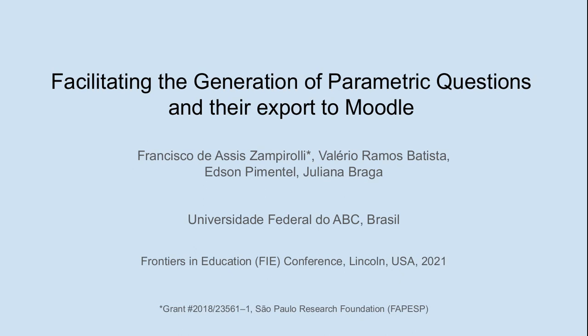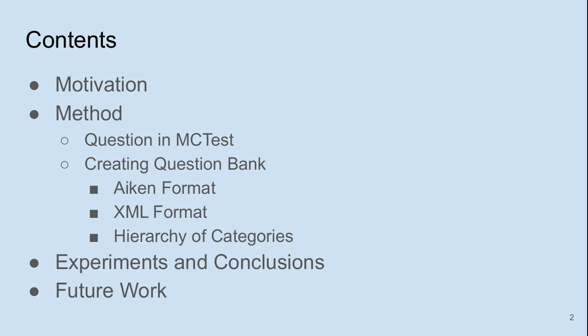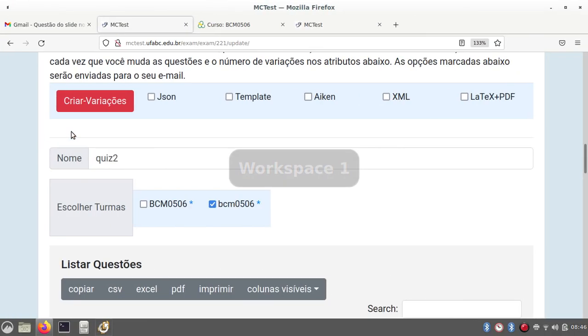I will first explain what motivated us to develop this method. Then we'll see the steps of our methodology, how to prepare, use and modify questions in the MCTest platform, how to create a bank of questions on MCTest.